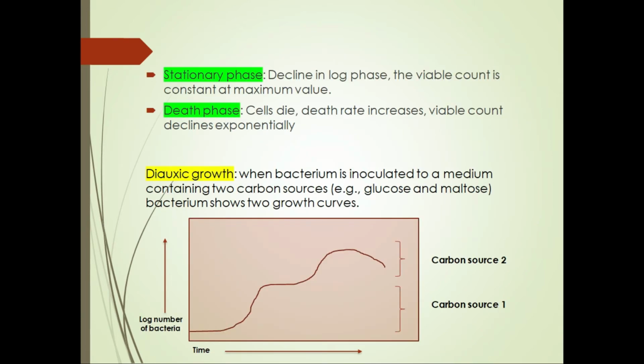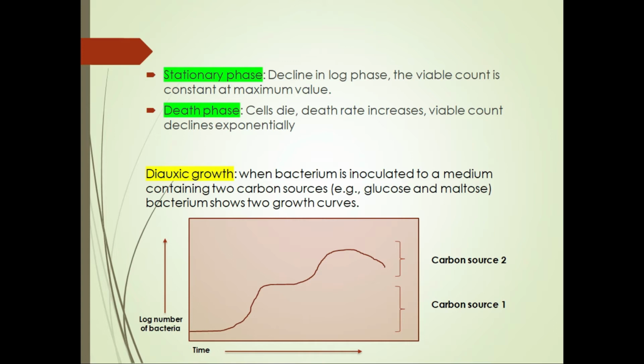Now stationary phase. When the log phase declines after the cells increased exponentially and they consume the nutrients of the medium where they were inoculated, then the exponential phase declines and the viable count of the bacterial cells remains constant at the maximum value.